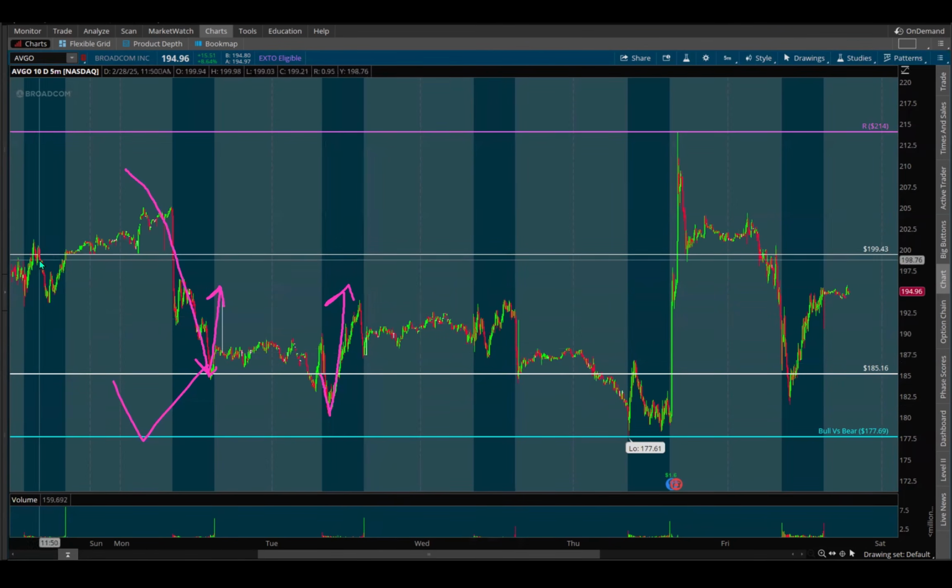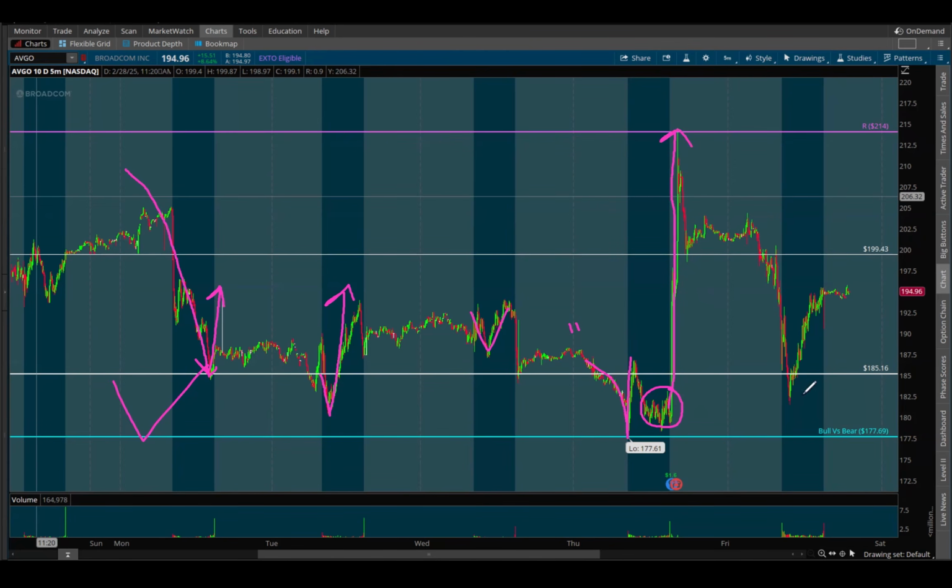Same thing the next day, huge rip up. Going on the fourth day, we break below it very quickly, rifle all the way up from 177 to 187. So this is like an 11-point move right off of that low. And then as we close below for that first day, we rocket all the way up to $214.